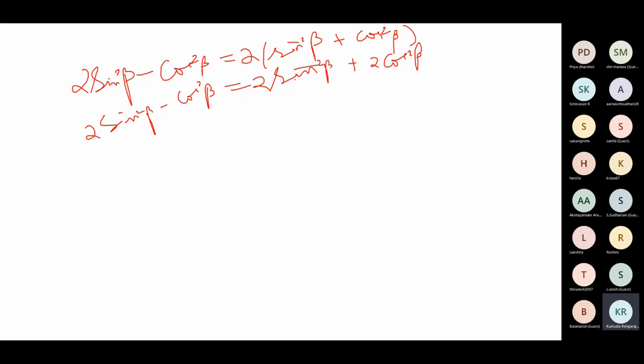So what happens when I think 2 sine square beta and 2 sine square beta on either side get cancelled, correct? Yes, ma'am. Then you get the same thing. So when this comes here, you get minus 3 cos square beta. Minus 3 cos square beta is equal to 0. Cos square beta is equal to 0. Cos beta is 0. So beta is 90 degrees.